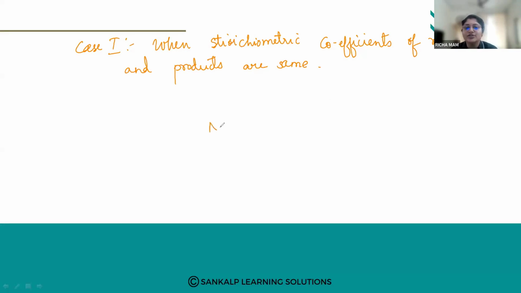What do you mean by stoichiometric coefficient? I'll tell you. N2 plus 3H2 giving you 2NH3. So this represents the stoichiometric coefficient. These numbers: 1 mole of N2, 3 moles of H2 and 2 moles of ammonia represent the stoichiometric coefficients.